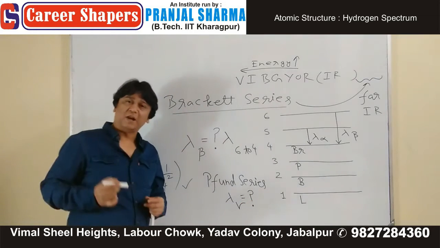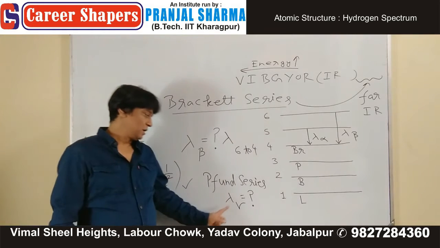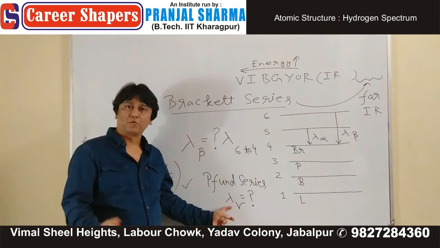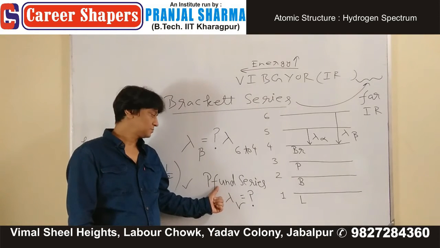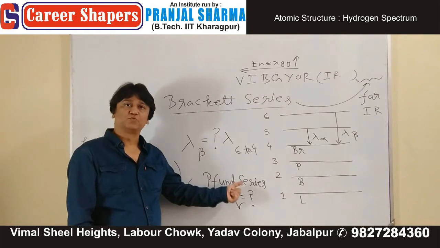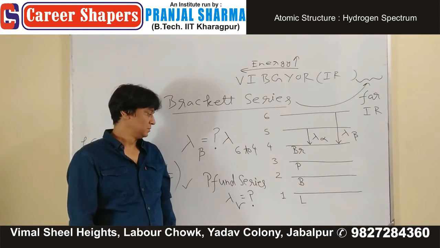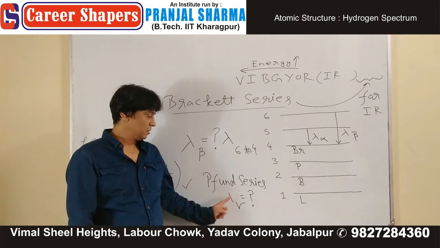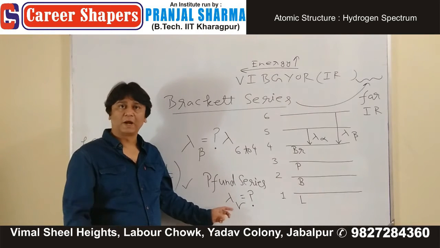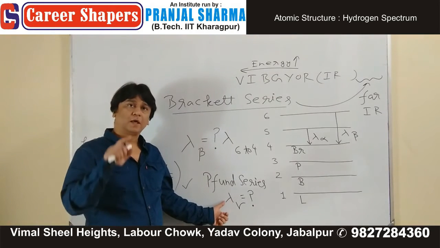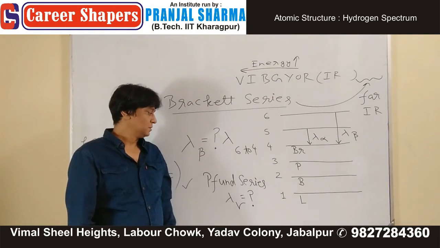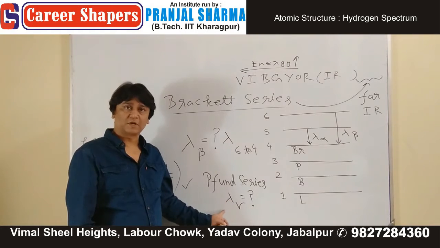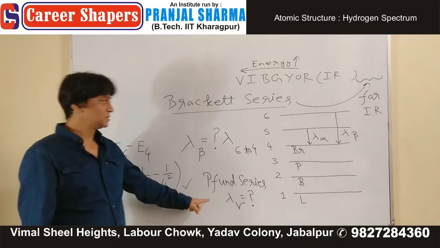When I say get me lambda gamma, first tell me the jump for which you will get lambda gamma of the Pfund series, and then find its value. This is the last problem of this type, and therefore try to answer this thing correctly.